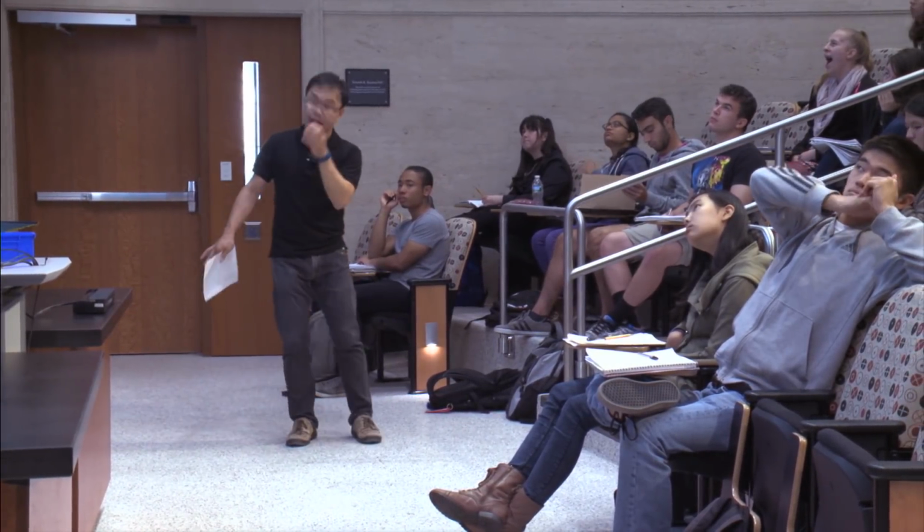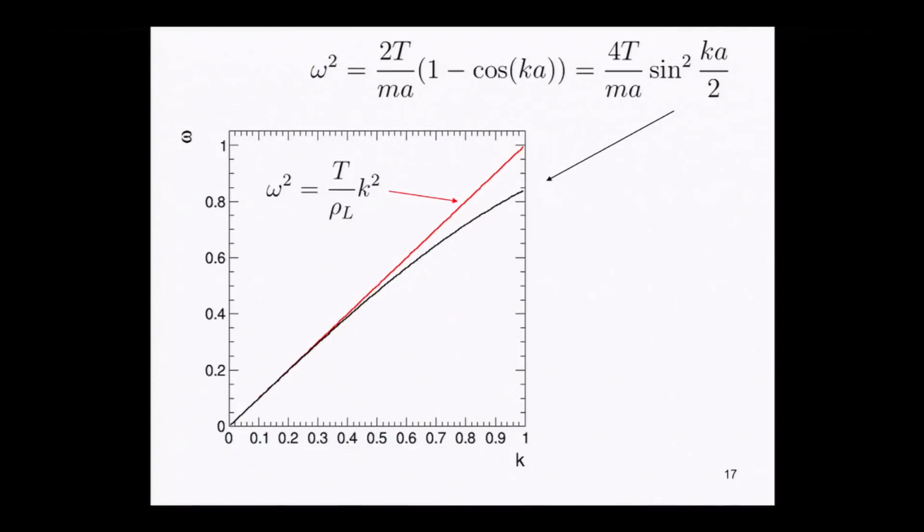And on the other hand, if you remember what we got last time with the discrete system, with the length scale between little masses being a, you get omega squared equal to 4 kappa over m sine squared (ka over 2). Okay, so if you plot this as omega as a function of k, you get the black curve.